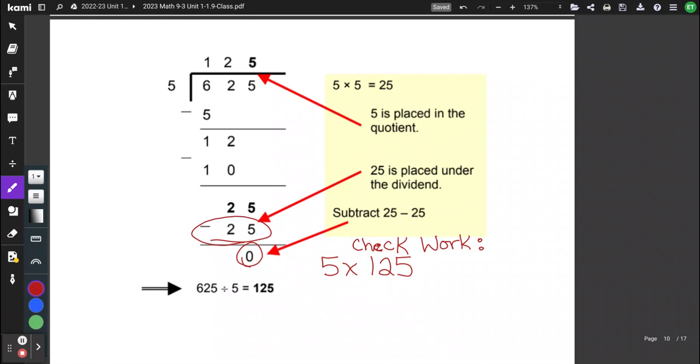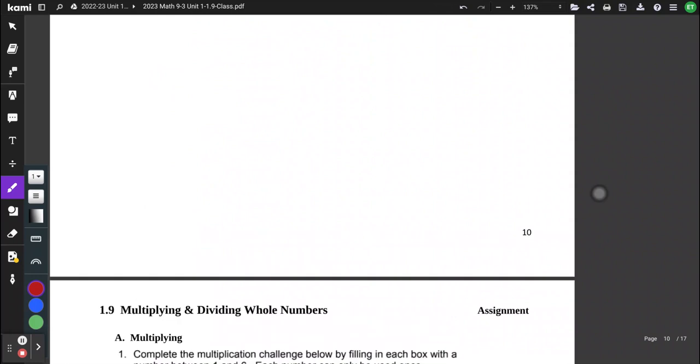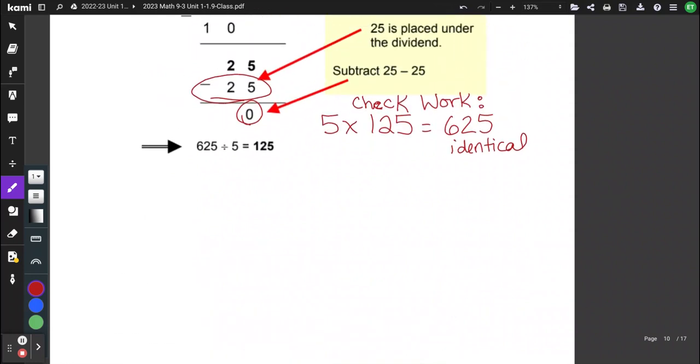And if you do, you did it right. It is identical to the number underneath, so you did do it right. We check it by multiplying. All right. That is the end of multiplying and dividing.